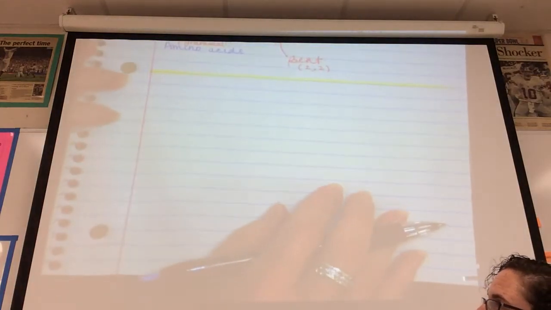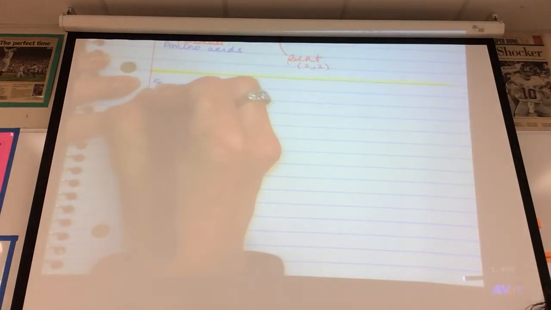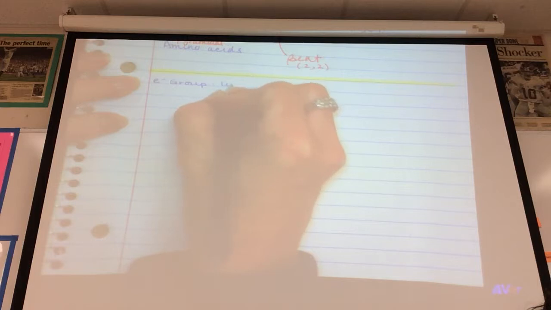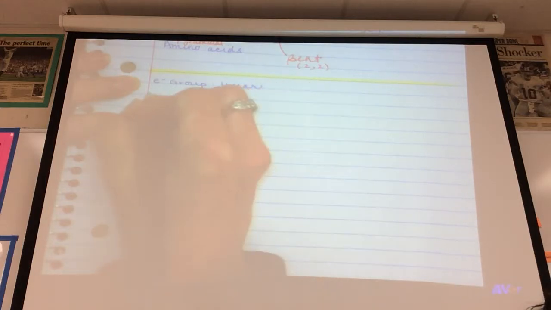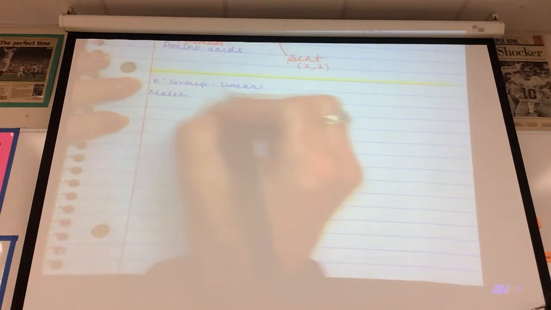You've actually already seen one of these, but we'll draw them both again. So for molecular group geometry here, this is going to be electron group linear, and molecular group geometry linear.